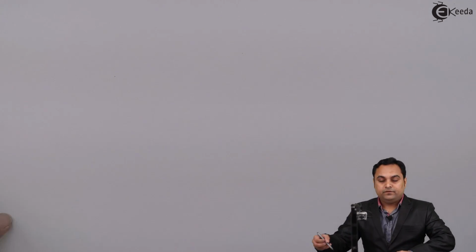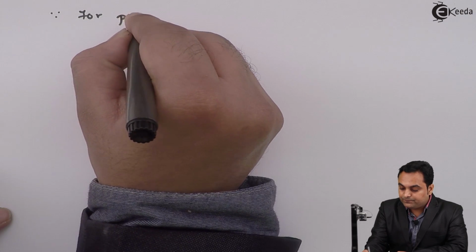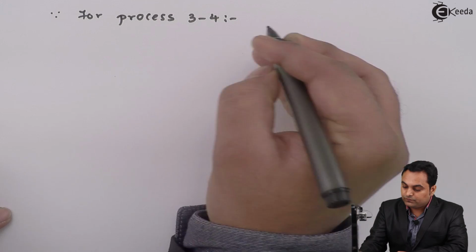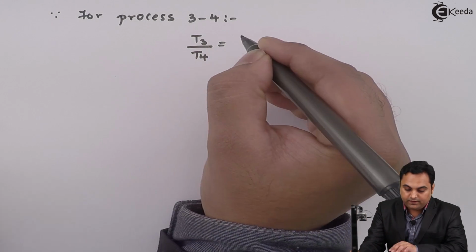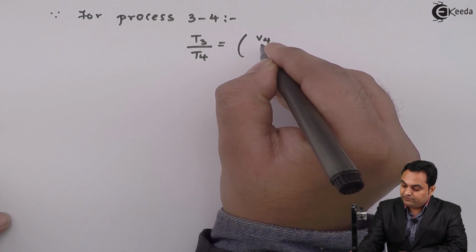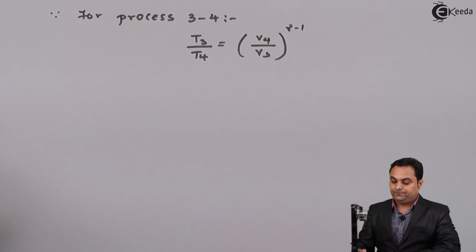Since for process 3 to 4, T3 by T4 is equal to V4 by V3 raised to gamma minus 1.